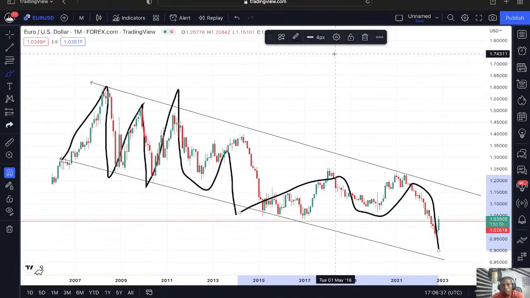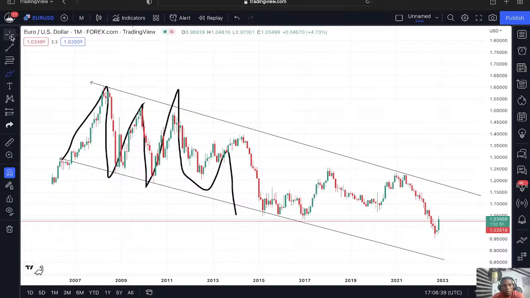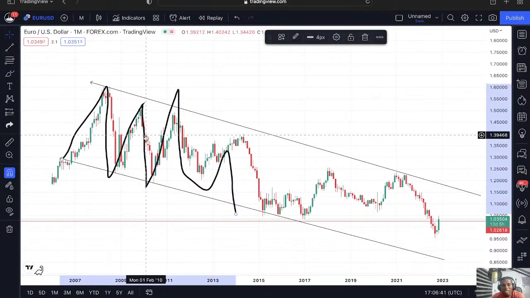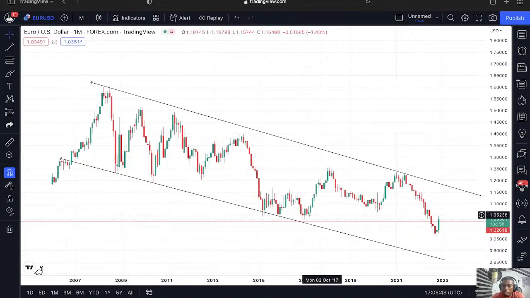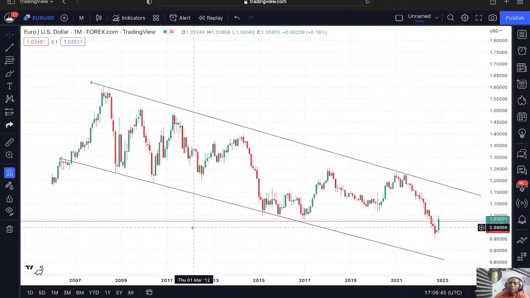So now we've been able to identify it as a downtrend. Now let's identify our levels of support and resistance.